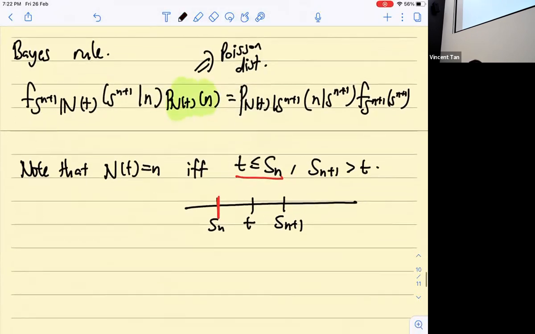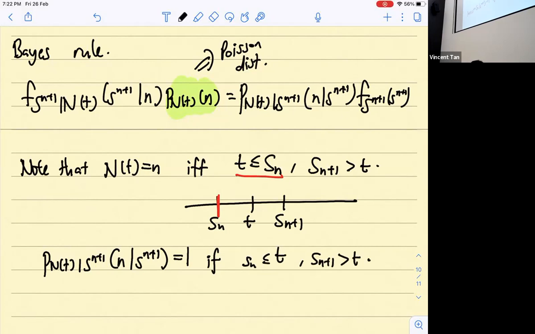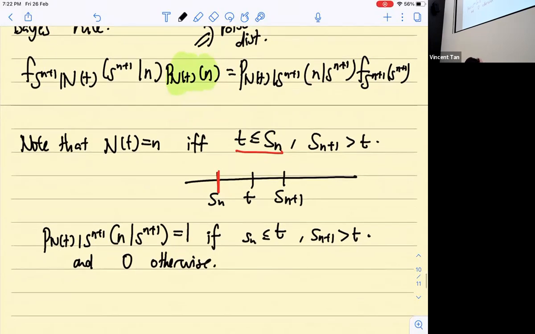So what is the distribution of Nt equals n given Sn plus 1? This is equal to 1 if Sn is less than or equal to t and Sn plus 1 is bigger than t, and 0 otherwise. So this is exactly the situation here.